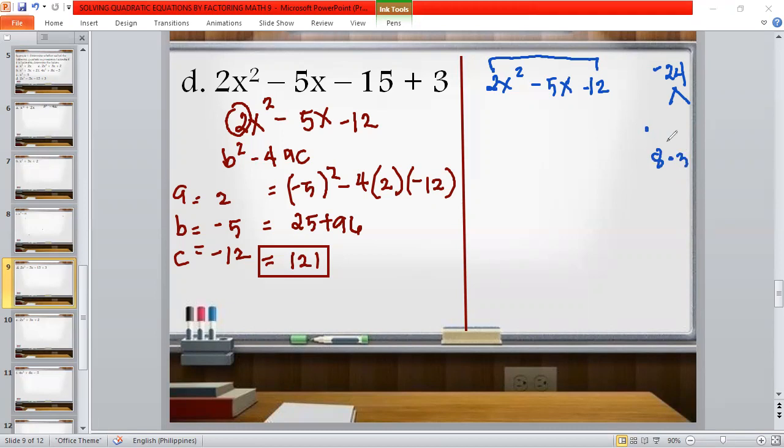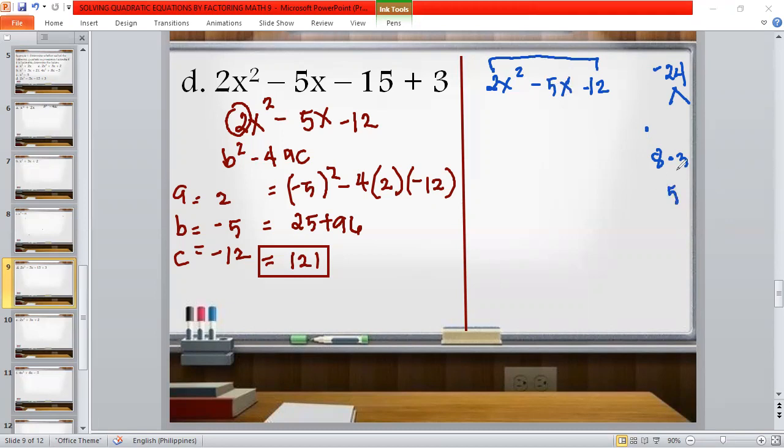Okay, ito po yung gagamitin nating factor. Okay, pero tama po ba na positive 8 and positive 3? Kasi kapag positive 8 tsaka positive 3, ang kalalabasan po niyan as sum is 11. Tama po? Okay, ano nga po ulit yung ating middle term? Negative 5. Okay, kapag pinag-minus po natin ito, ano magiging sagot? Dapat 5.